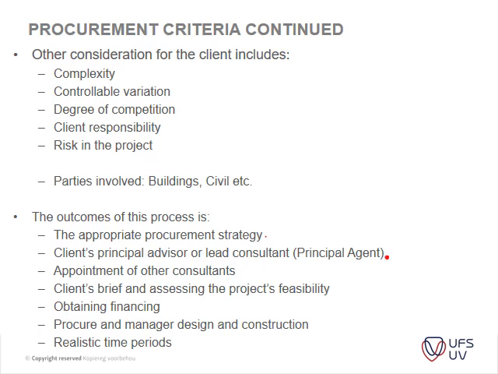And then the appointment of other consultants, and then the client brief and assessing the project feasibility, obtaining financing, procure and manage design and construction, and then realistic time periods. So you guys can see this is basically what we've done in stages 1 to 6, so project life cycle. It's the same thing that we're looking at.